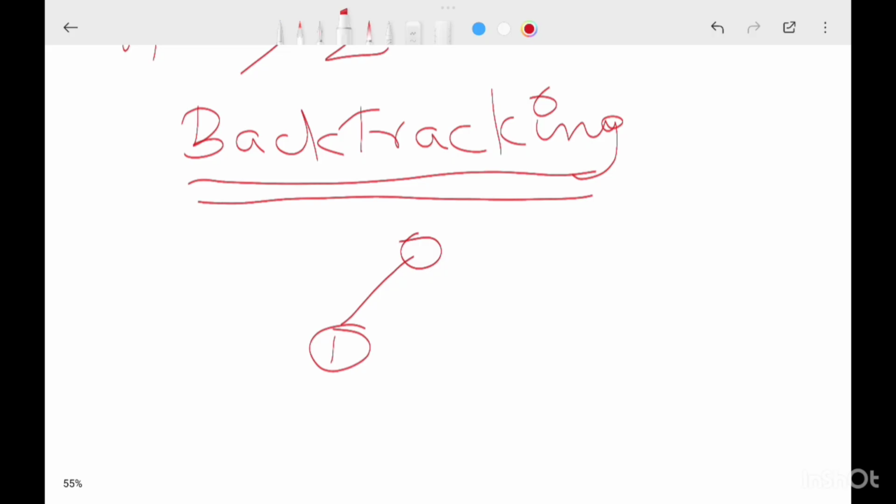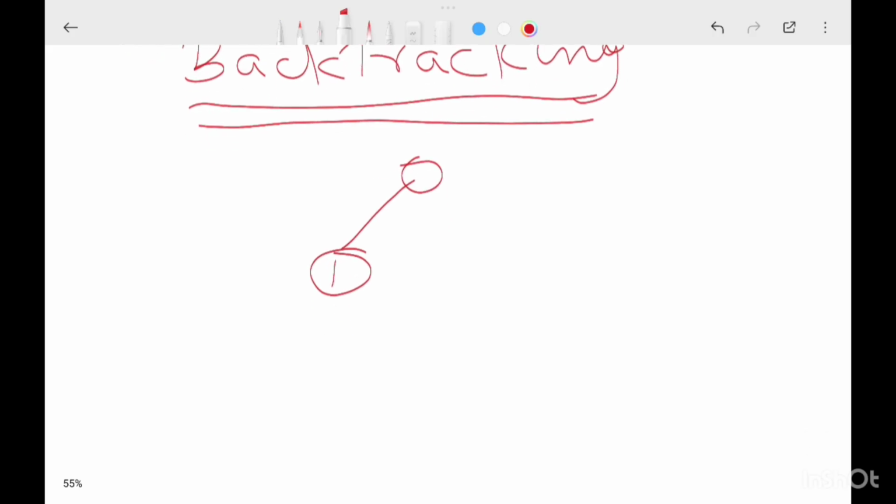If it is satisfied, then we will move to the next 2 possible states which can be reached from this current state. Now I am moving to some other state, and in this state I am again checking whether this state is feasible or not. Suppose it is feasible, then I repeat the same process. That means from this step I will select any one of the next 2 possible steps which can be reached.